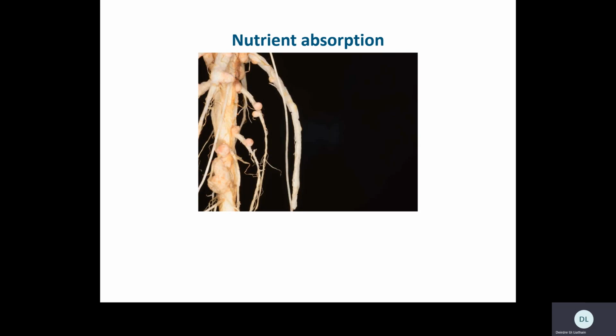And those lucky leguminosae, now called Fabaceae in the new naming system. Not sure why they had to change, but anyway, have little bacteria living in nodules on their roots. So you can imagine this is the root here of a pea plant, and it has these little nodules on the roots. And in those nodules, you have bacteria living in there.